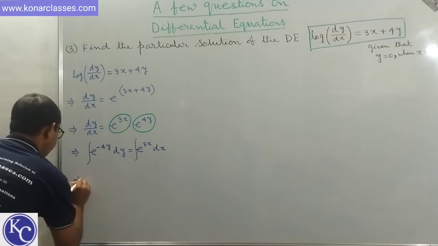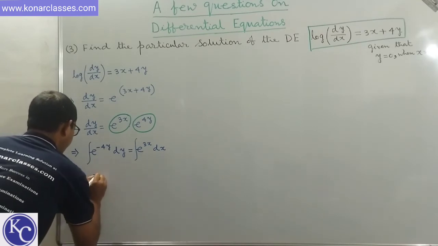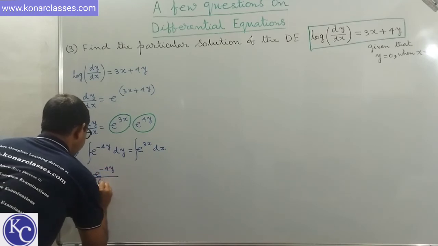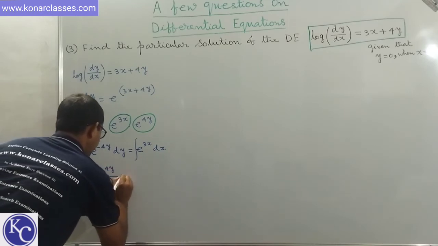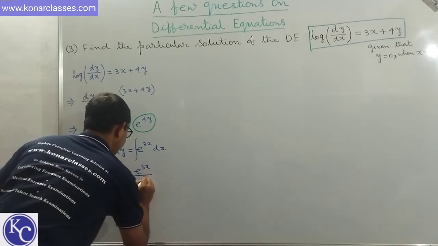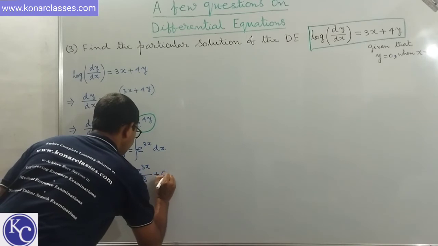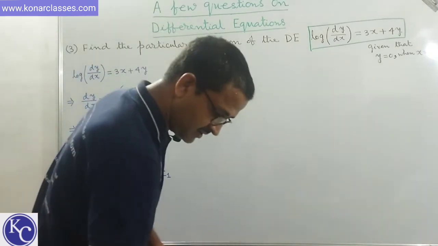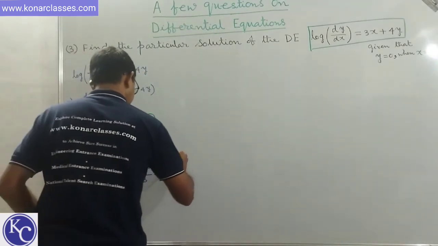That will give us e power minus 4y divided by minus 4 is equal to e power 3x divided by 3 plus an integrating constant, say c1. Correct?